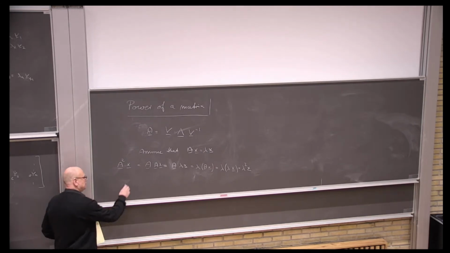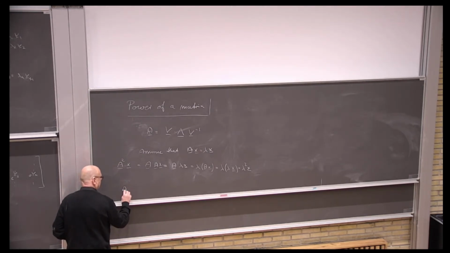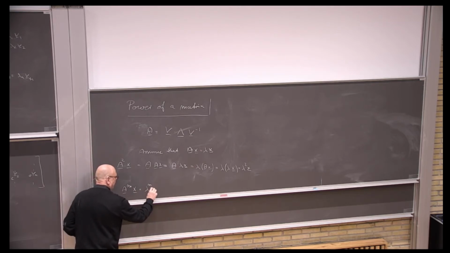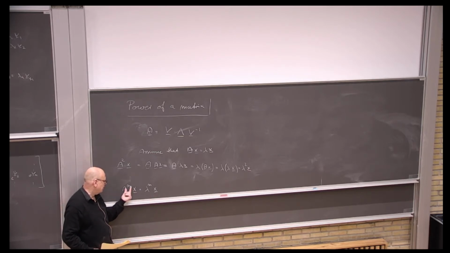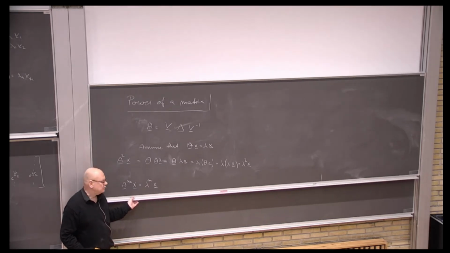I can continue this to some power m, and then I get lambda to the m. That is, for this matrix A to the mth power, I have that lambda to the mth power is the eigenvalue for that matrix.